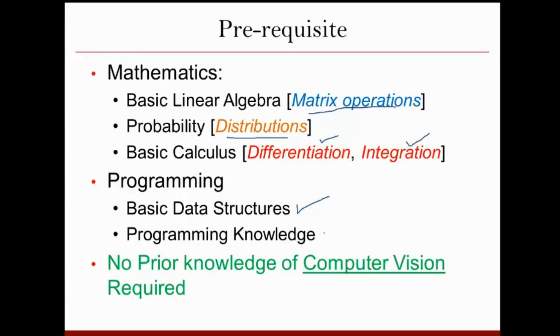Some basic programming knowledge, at least one language. If you know MATLAB, that is also fine, or C or C++. Most of the applications that we are going to discuss here can be easily implemented using MATLAB. So if you don't know any language, then I would request you to go through a MATLAB tutorial and learn some basics of it. And as such, there is no prior knowledge of computer vision required for this course.